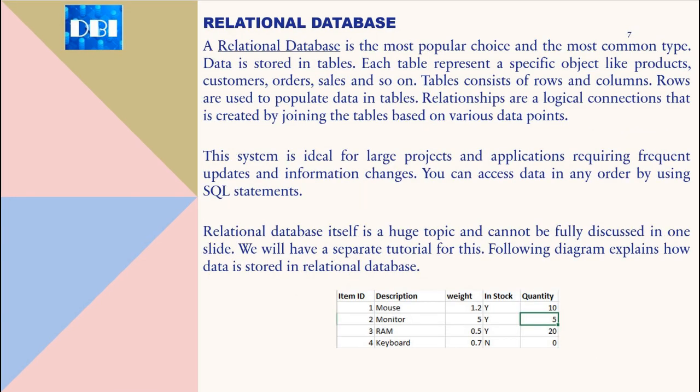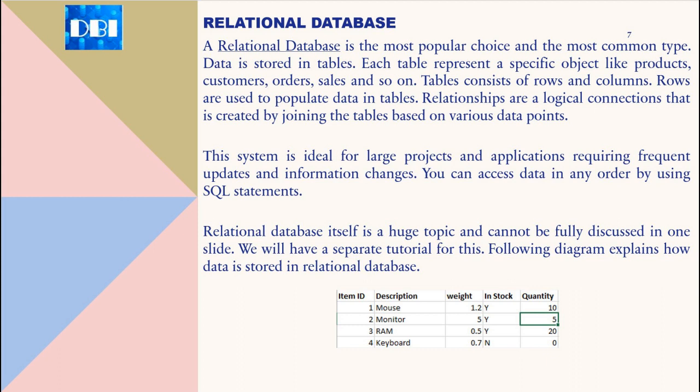Relational database. A relational database is the most popular choice and the most common type. Data is stored in tables. Each table represents a specific object like products, customers, orders, sales, and so on. Tables consist of rows and columns. Rows are used to populate data in tables. Relationships are logical connections created by joining the tables based on various data points.